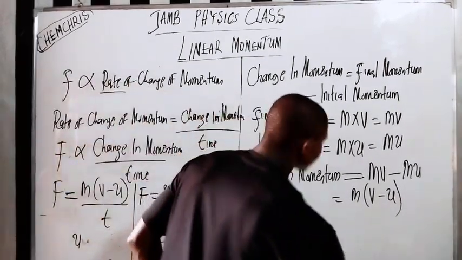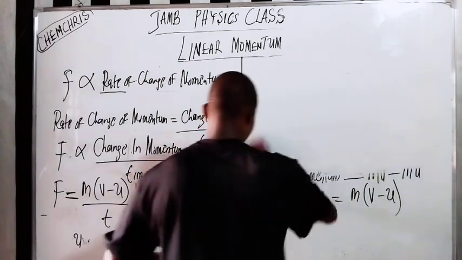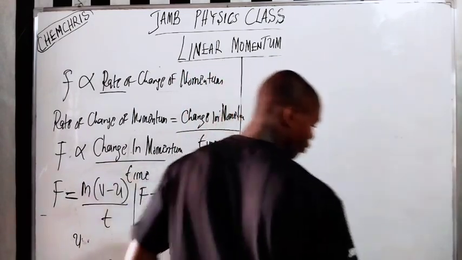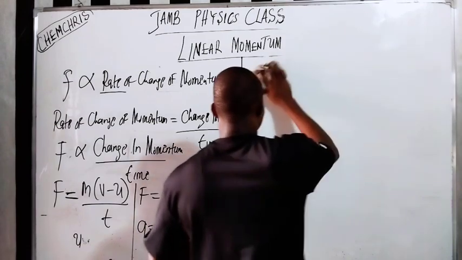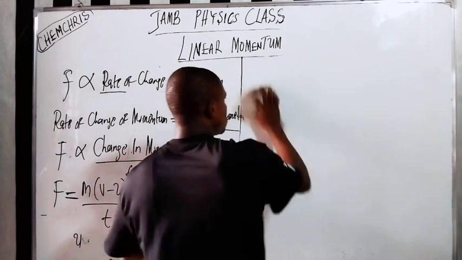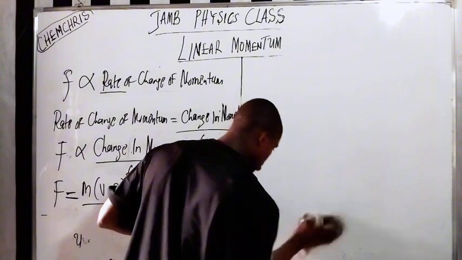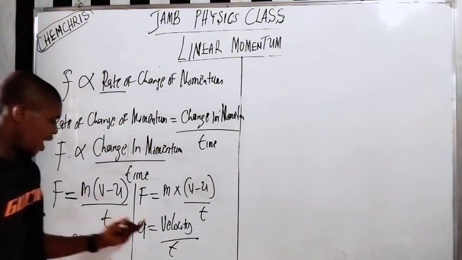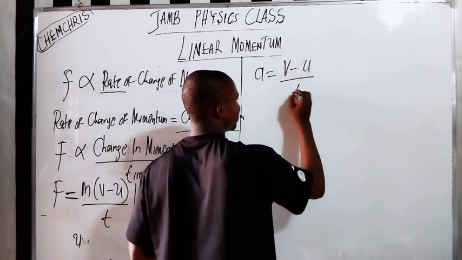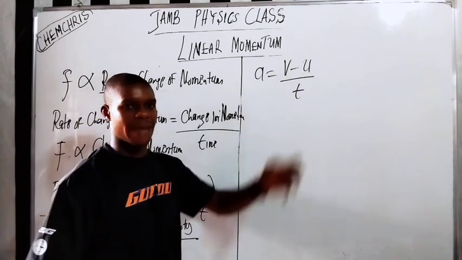It means that my A is going to be (V minus U) over T. That means final velocity minus initial velocity over the time it takes.